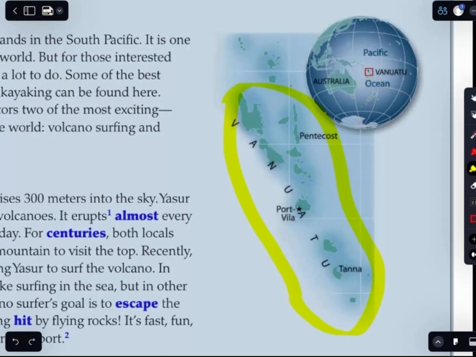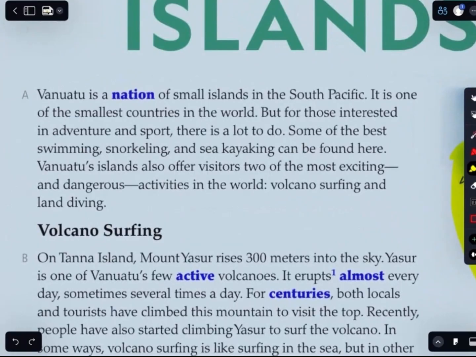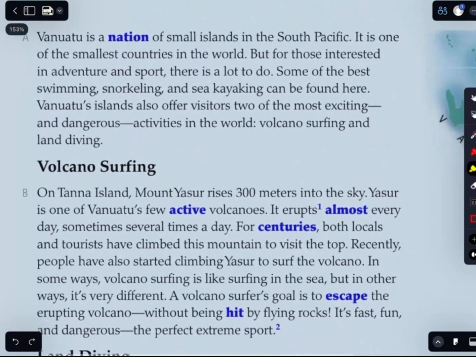Near Australia. It is one of the smallest countries in the world. But for those interested in adventure and sport, there is a lot to do. Some of the best swimming, snorkeling, and sea kayaking can be found here. Vanuatu's islands offer visitors 2 of the most exciting and dangerous activities in the world: volcano surfing and land diving.